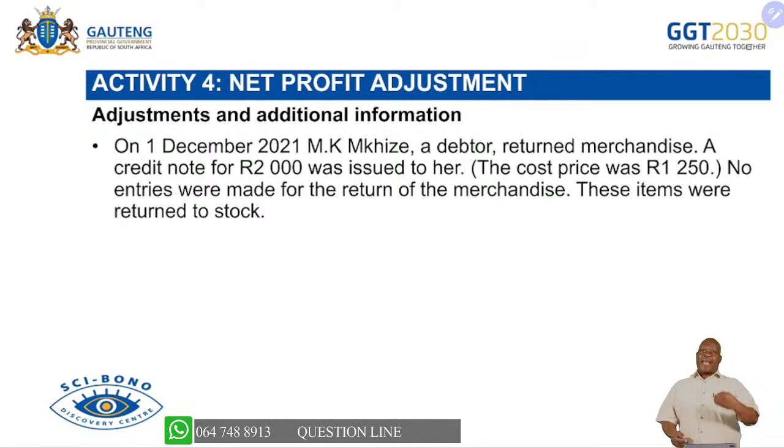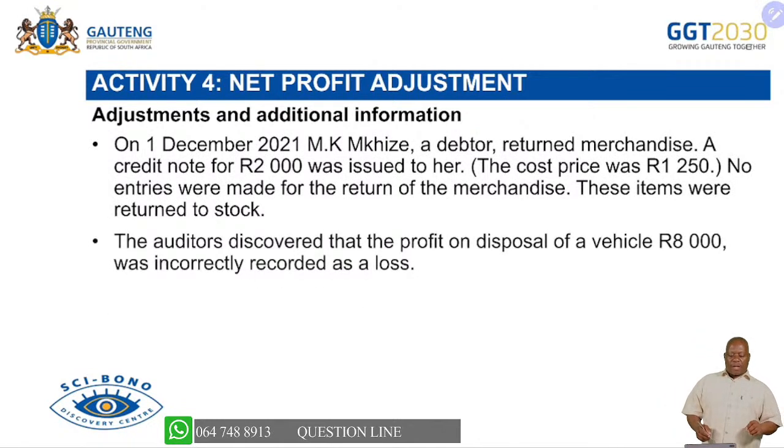When goods are returned, they affect sales, they affect cost of sales, and they ultimately affect our profit. So it means goods were bought for 1,250. We ordered goods for 1,250, and we went on to sell them for 2,000. And then the debtor is returning those goods. So there is need for an adjustment onto our sales figure and an adjustment on our cost of sales figure, which is an ultimate adjustment on our profit.